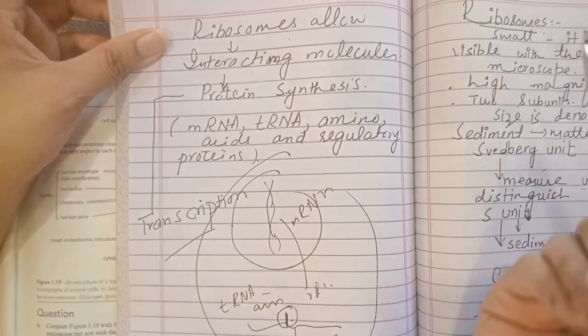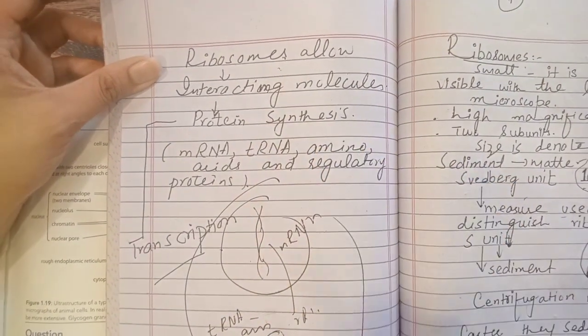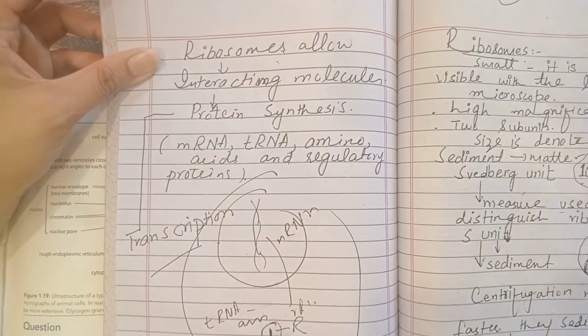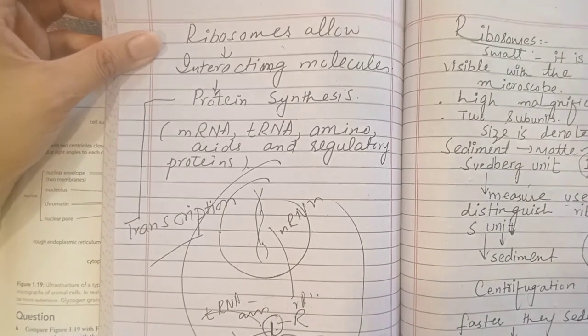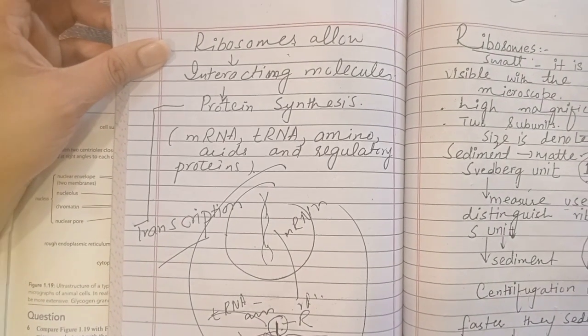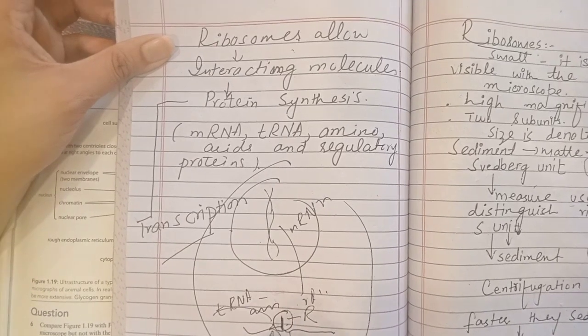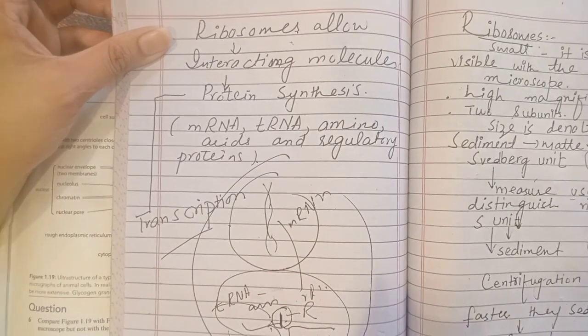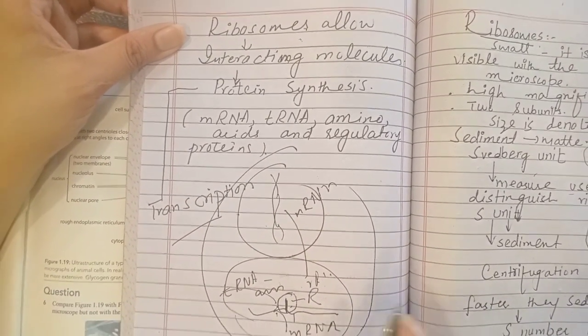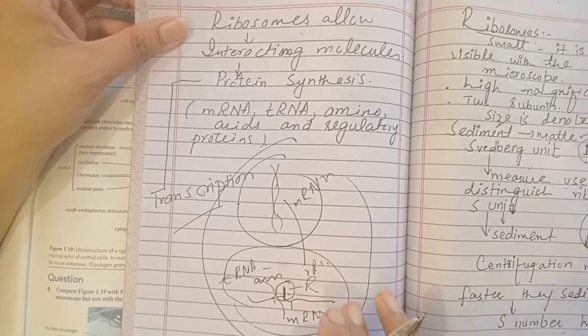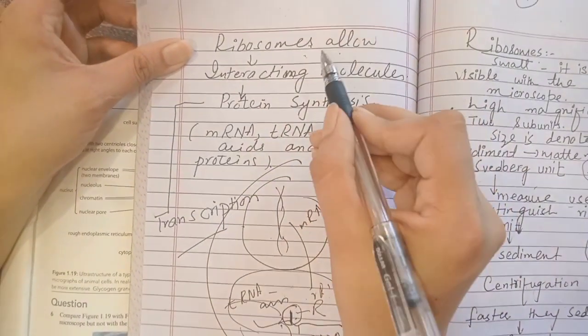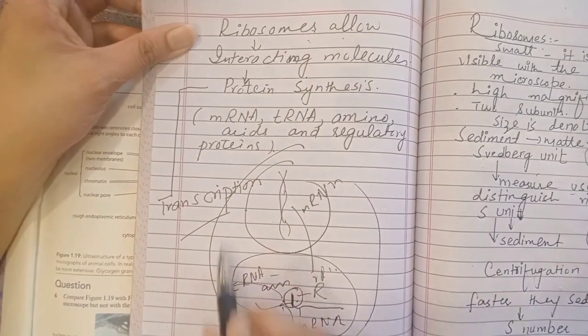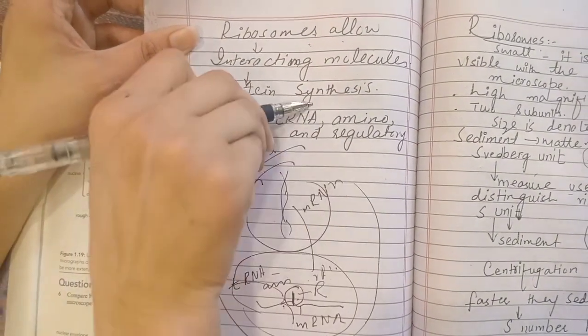This is the process by which ribosomes interact. Transfer RNA brings the amino acid, and messenger RNA helps in combination. All these things are involved in protein synthesis, which we discussed in the transcription process. So ribosomes actually help in the interaction of molecules in protein synthesis.